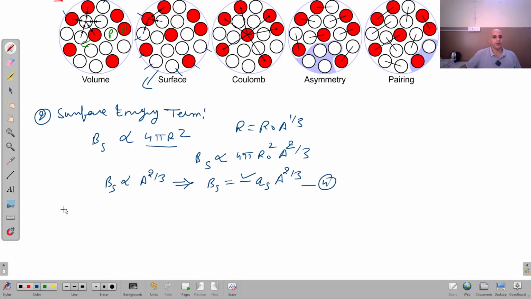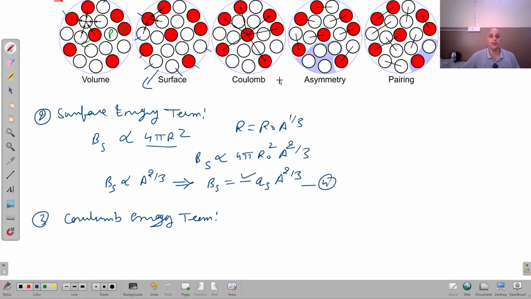Now I am going to the next one, the third one, that is the Coulomb energy term. Now we know very well that the atomic nucleus contains neutrons as well as protons, right? We know very well that the protons are positively charged particles, so they are going to repel each other.